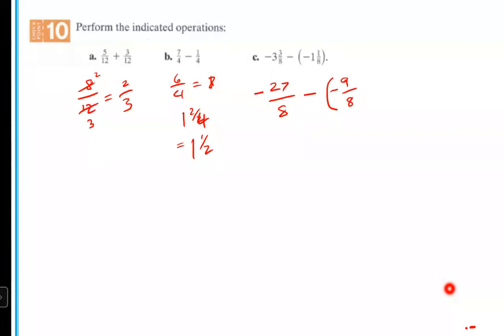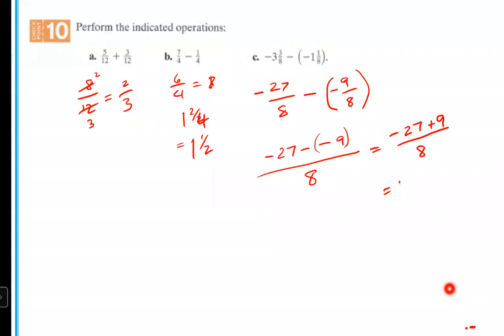And by the way, that's negative 9 because we had a negative fraction there. So the denominators are the same, so we just need to worry about the numerator. So that's going to be negative 27 minus 9. So that'll be negative 27 plus 9 over 8. So that'll be negative 18/8.